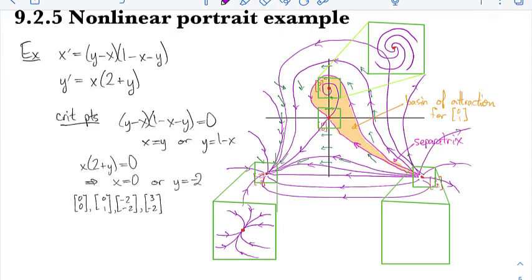So here we've got something that looks like... so this one's a source, this one's a sink, this one's a spiral, and I've figured out what the last one is here.